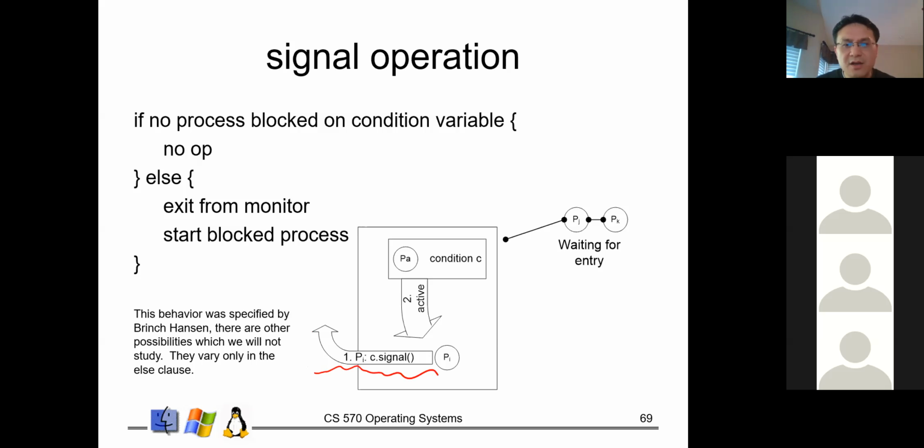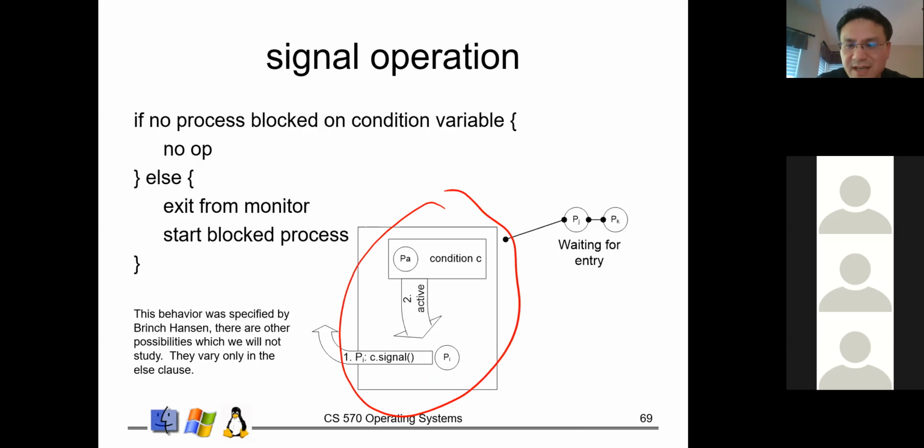But there is one thing we need to be aware of. Remember, this whole monitor is a critical section. So you cannot have two active processes or threads in a monitor at the same time.